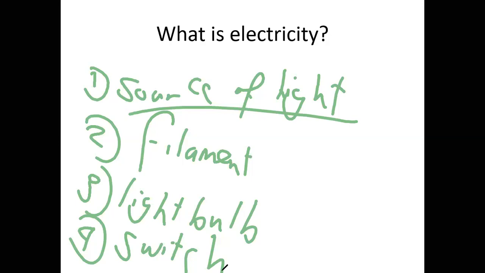Switching off your circuit means you are opening the circuit and breaking the path. So those are the four important ingredients that you have to understand about the movement of electricity.